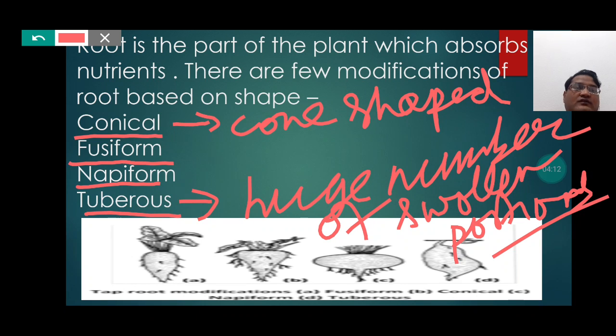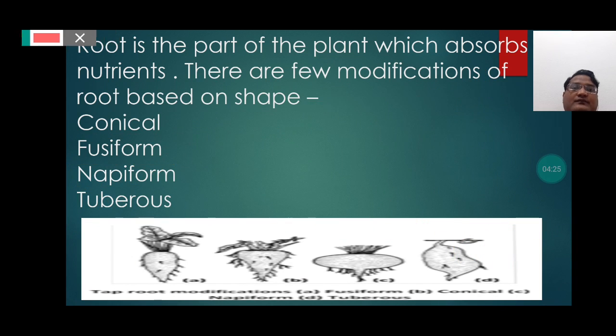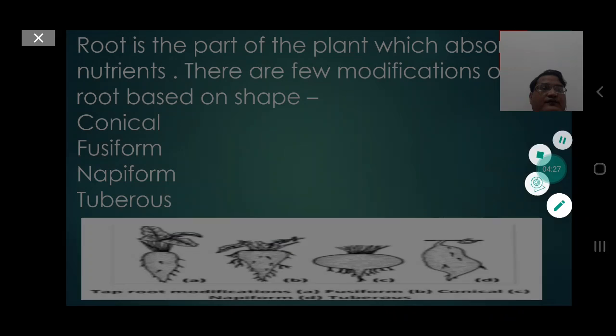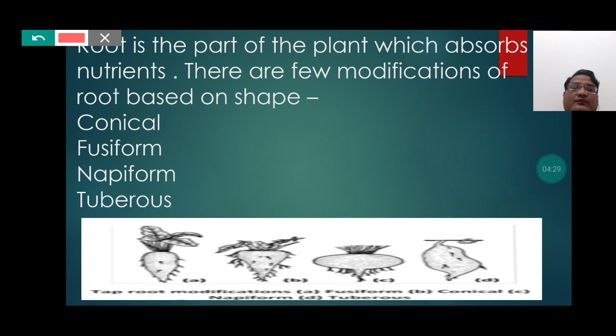So students, when huge number of swollen portions remain present in the root, then that is called as the tuberous root. Now students, let's understand the concept of the conical, fusiform, napiform and tuberous root with the help of this picture.